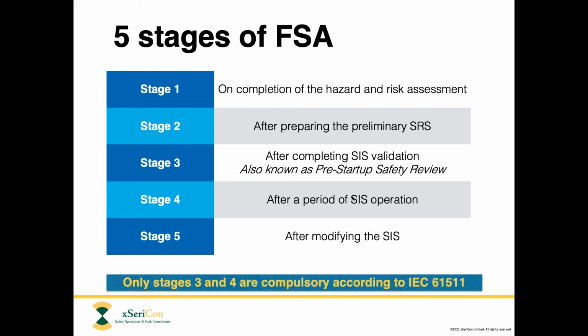So these are the four what I call confirmation activities. The first one is verification. This is different from SIL verification. This is functional safety lifecycle verification. What it means is that for each phase of the functional safety life cycle, which means each individual activity that is performed, needs to go through a verification activity.